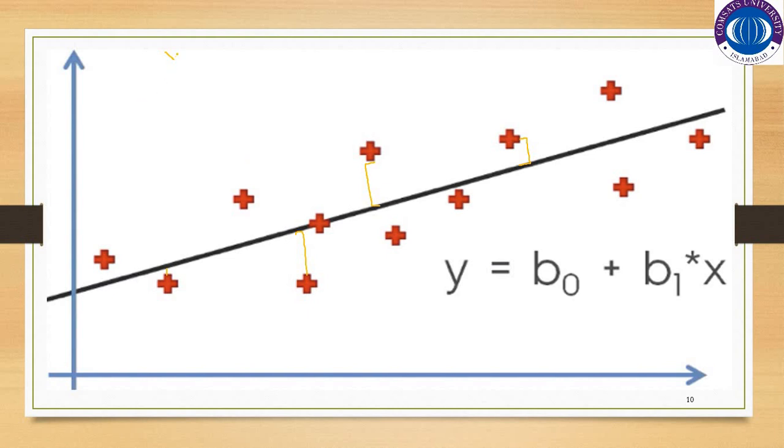Let's suppose we have y, and this variable y is the income. We have some intercept, which is b naught, plus we have slope b1, and this is x, which we are using to determine y. So let's suppose this is the income and this is the experience, the number of years the employee has worked. So we are basically determining the income on the basis of the experience of the employee.